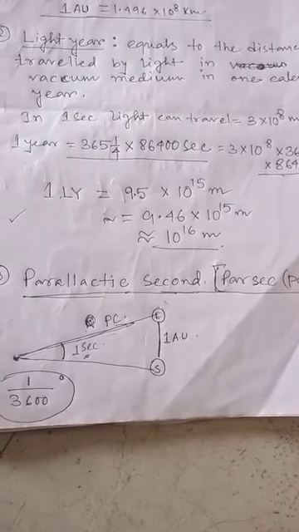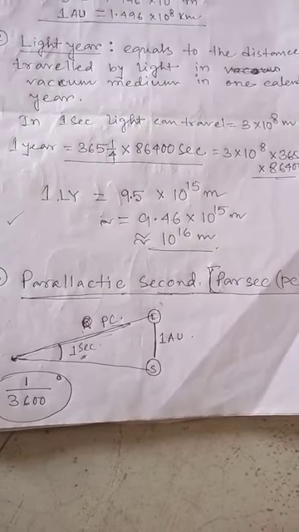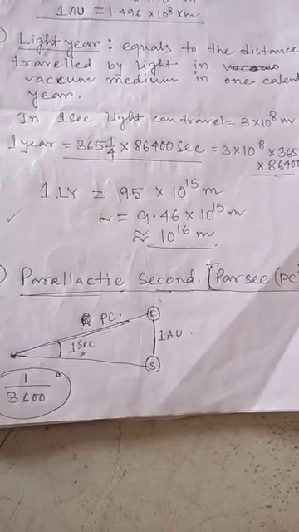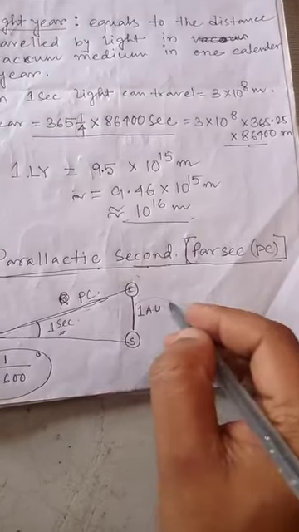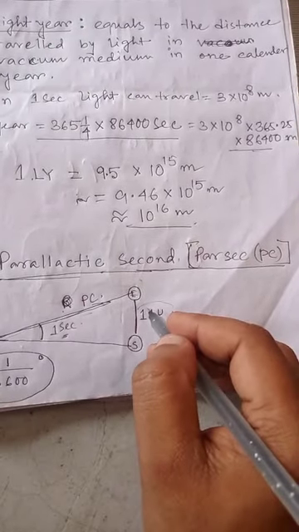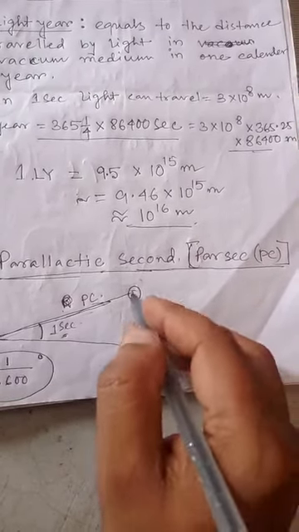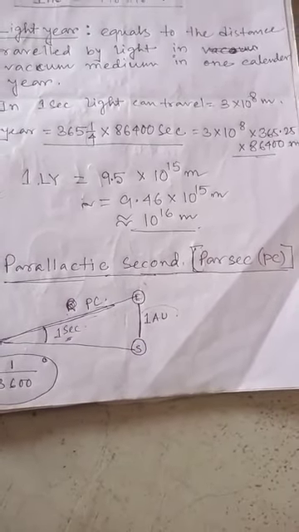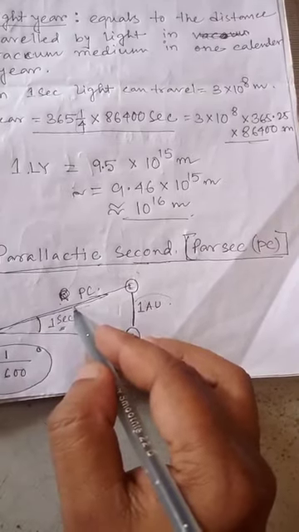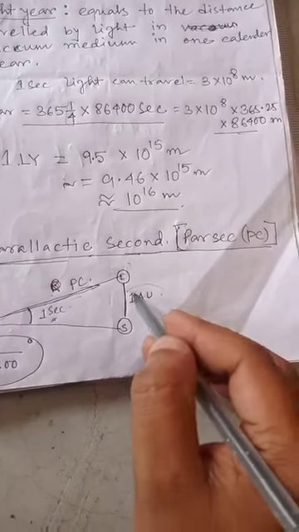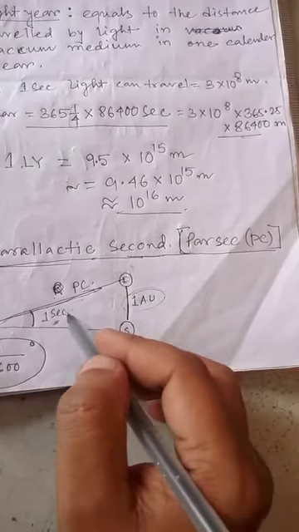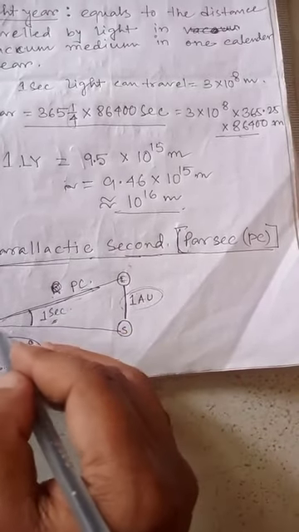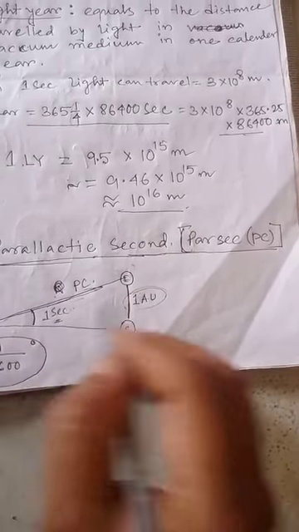So we can say that parsec is the distance at which an arc of 1 astronomical unit makes the radius. That means the radius of that circle which makes an arc of 1 astronomical unit and makes an angle at the center of that circle of 1 second.